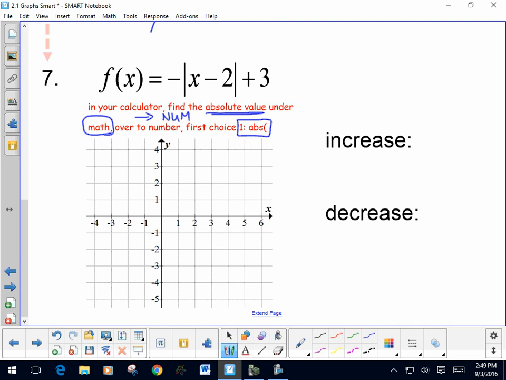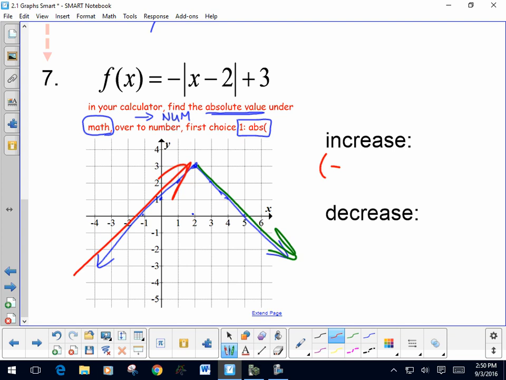I'll graph it by hand, over 2, up 3, and it has a slope of 1. It's going downward. So it's this function. So if I'm thinking about the interval of increase and decrease, I would think about my function from left to right like a sentence. First it's going up, and then it turns around at that vertex and it's going down, or decreasing.